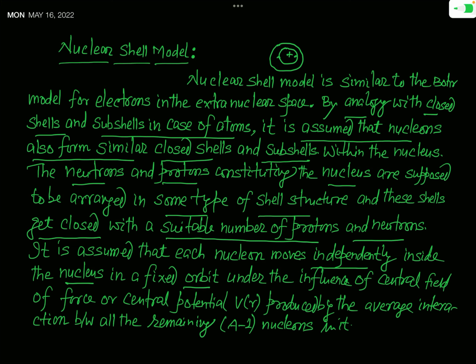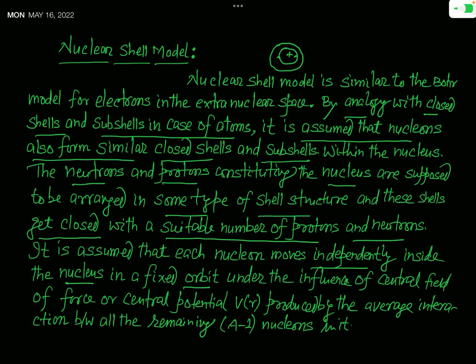As you know, an electron moves in a fixed orbit. In this model, it has been compared with the atomic model, in that the nucleons also move independently of one another in an orbit. What is the potential, or the force, responsible for the motion of these nucleons in different orbits?